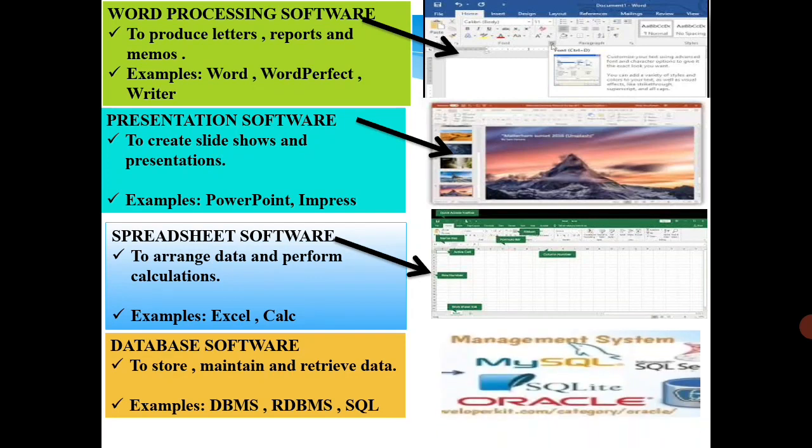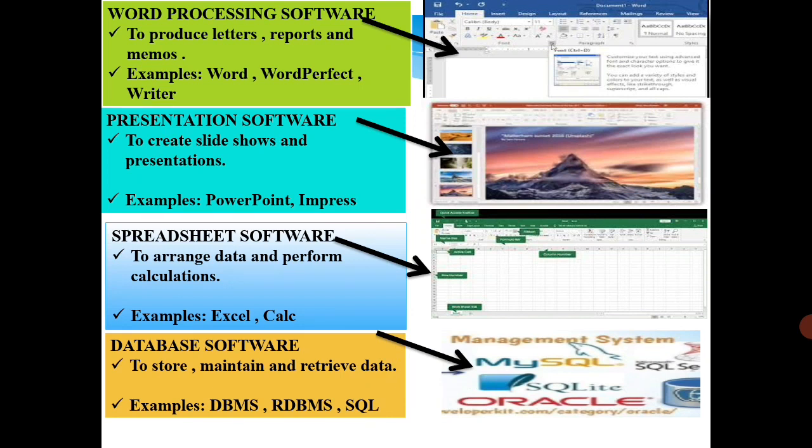Some database software are there. So the first one is word processing software, the next one is presentation software, the next one is spreadsheet software, the next one is database software.